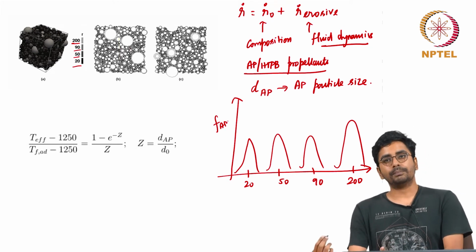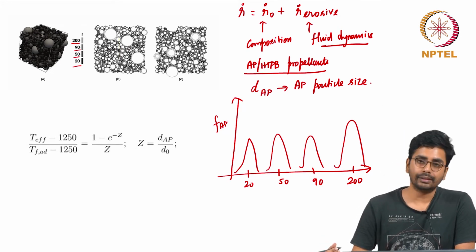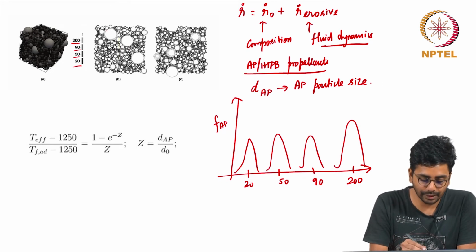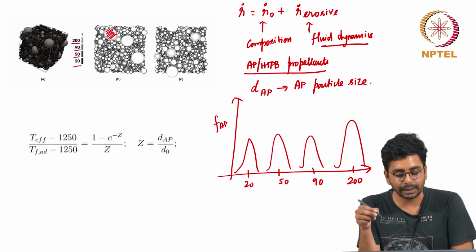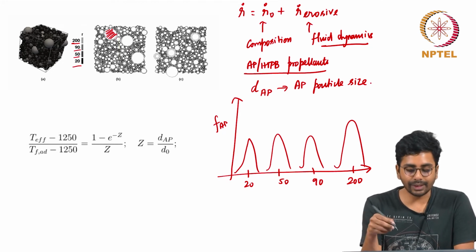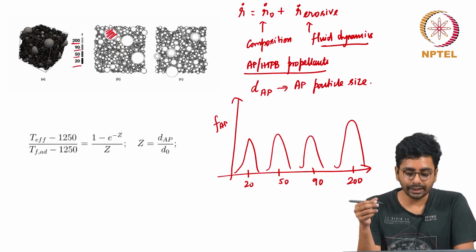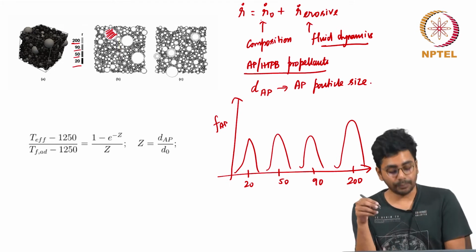Therefore, a typical composite solid propellant having ammonium perchlorate as an oxidizer will have a cross section that looks like this, as I have shown here: large AP particles surrounded by very small AP particles, and here and there some medium sized AP particles. So, a cross section is highly heterogeneous, containing particles of different sizes, and the burn rate R dot 0 is a strong function of this distribution.